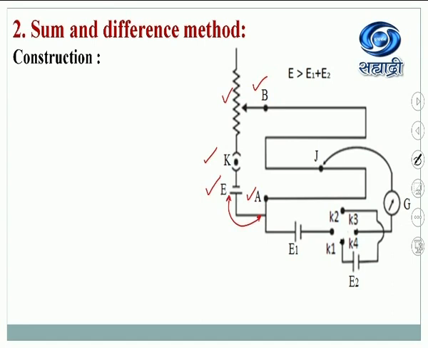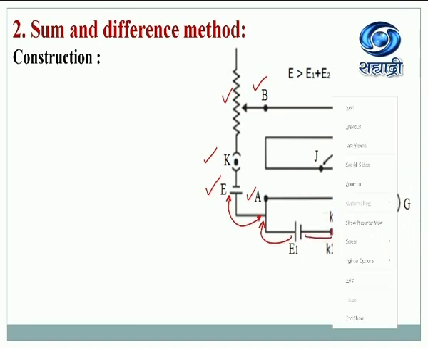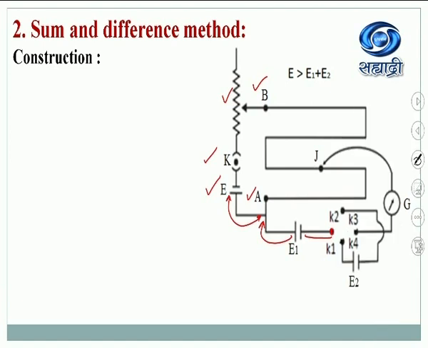Whereas the positive terminal of E1 is connected to A, and the negative terminal is connected to one screw of the four-way key. Then exactly the opposite screw of this four-way key is connected to the galvanometer, and the galvanometer is connected to the jockey.